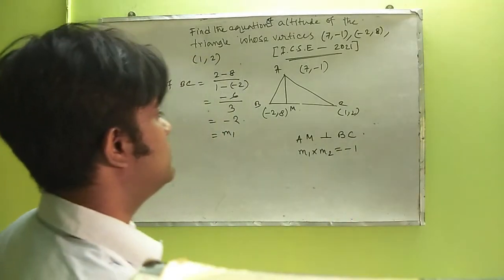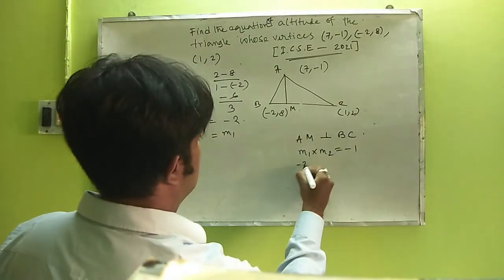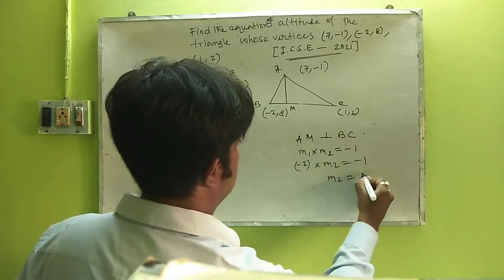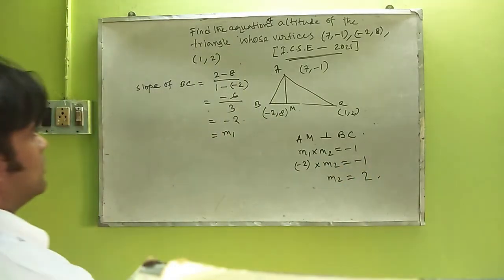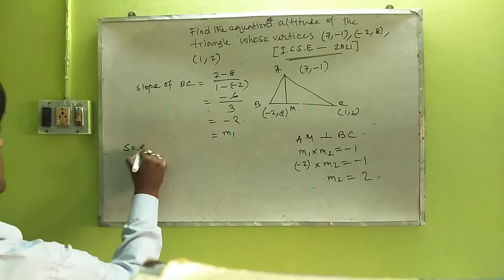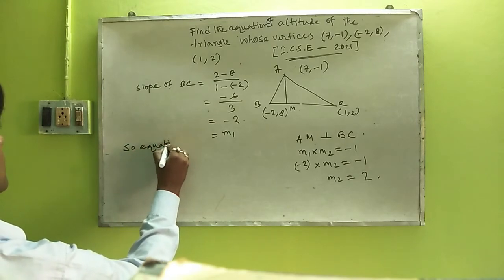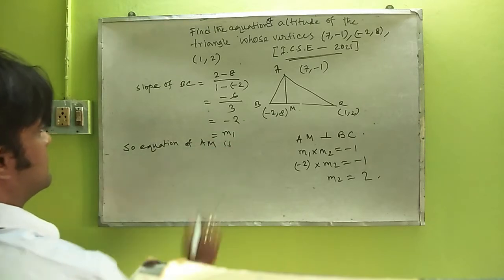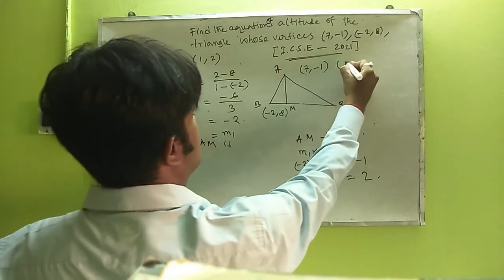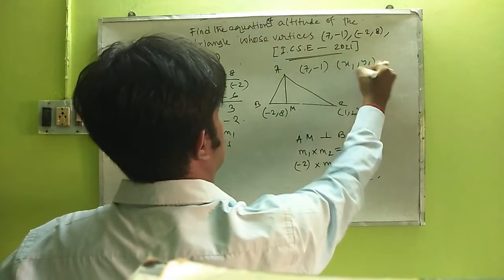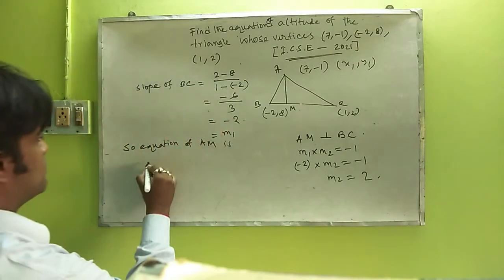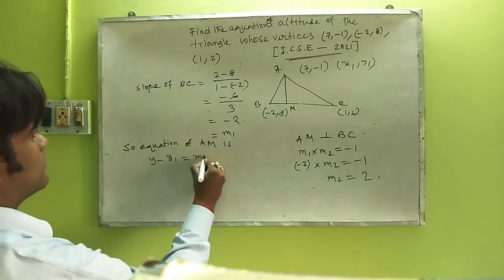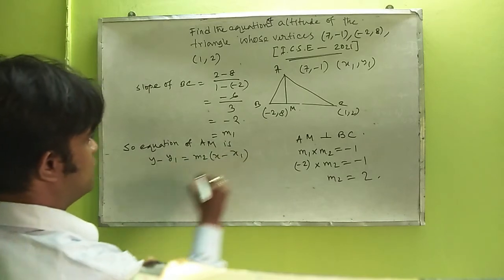M1 into M2 is equal to minus 1. That is minus 2 into M2 is equal to minus 1, which will be 2. So the equation of AM: we know the point which is considered as x1, y1. So the equation will be y minus y1 equals m2 into x minus x1.